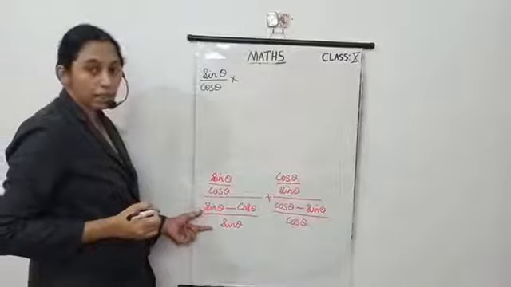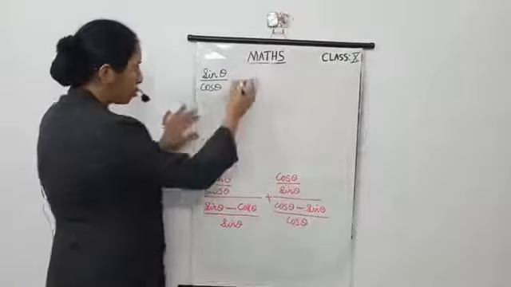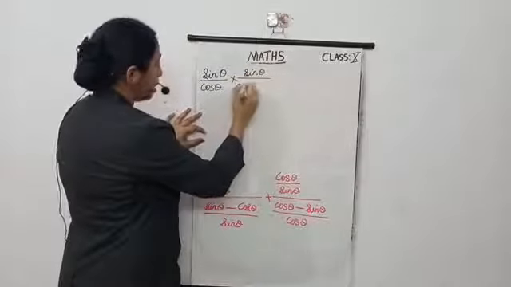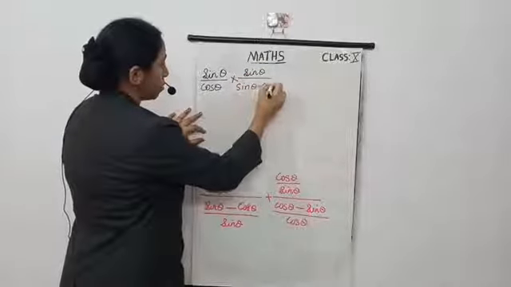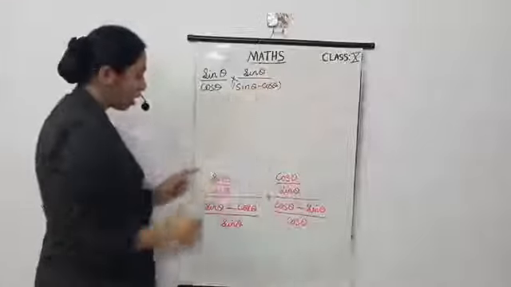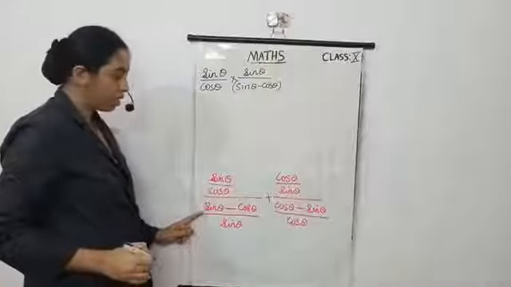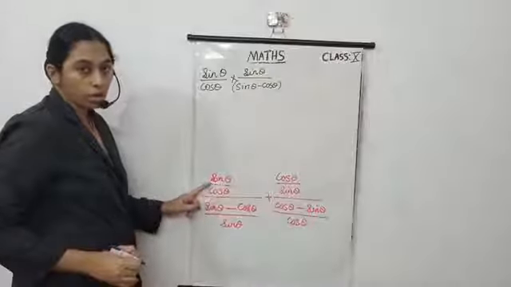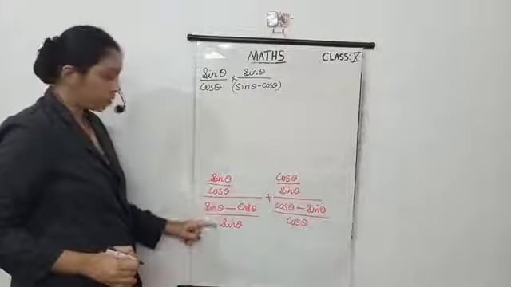So sin theta by sin theta minus cos theta. So fraction by fraction means the fraction is multiplied with the reciprocal of the denominator fraction.